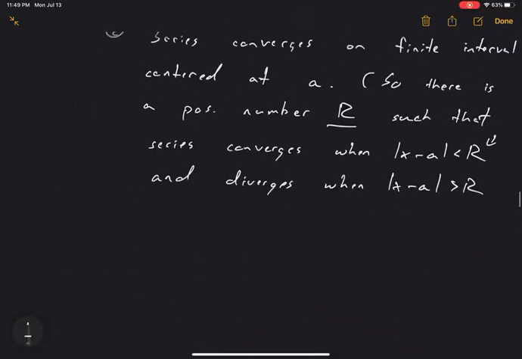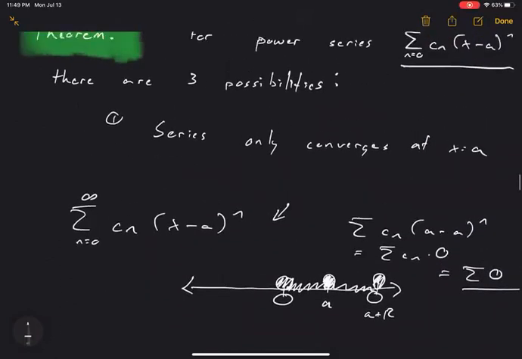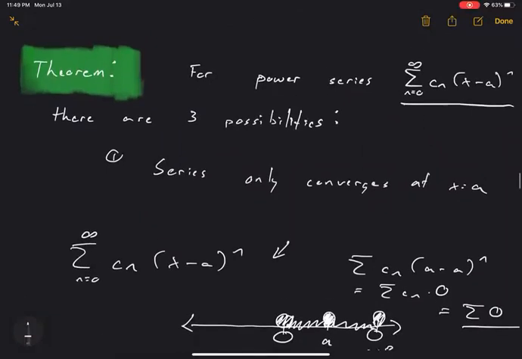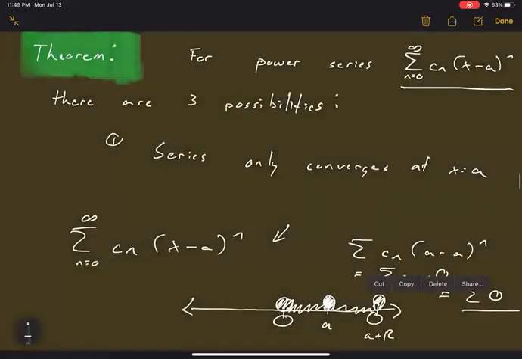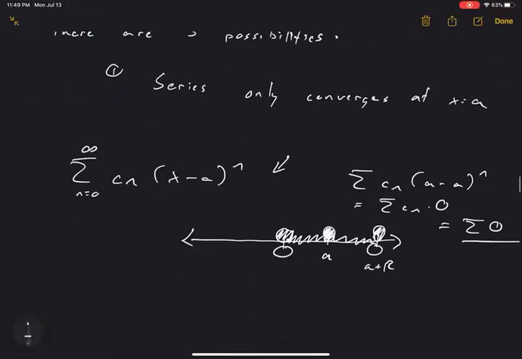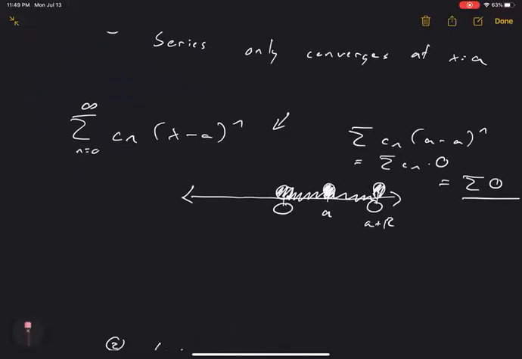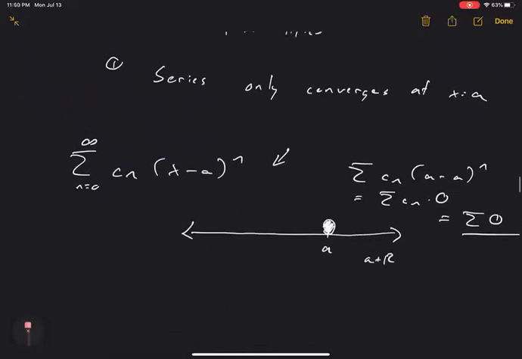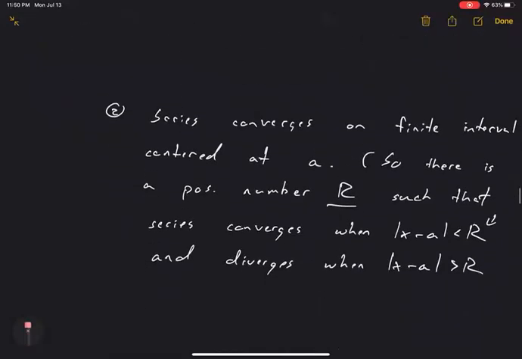Okay, so let's recap before we move on to the next point. We're saying there's three possibilities for the convergence of a power series. Number one, it's always going to converge at a. So that's possibility one: maybe it only converges at a.